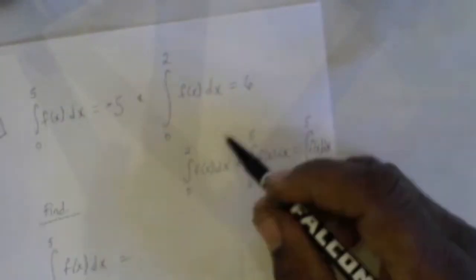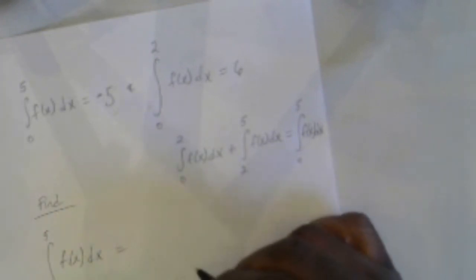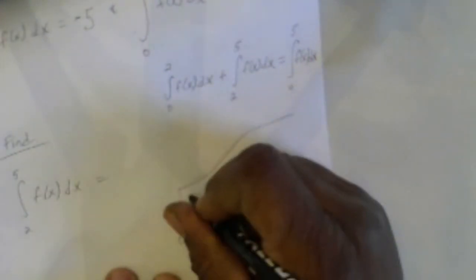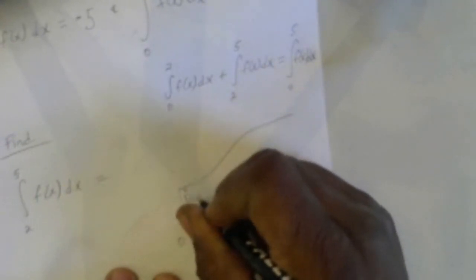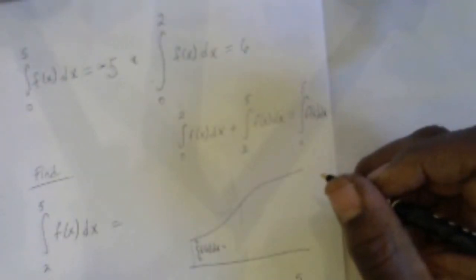Based on that additivity rule that we just saw, I'm going to try to sketch this out. Let's say here we have a 0, a 2, and a 5. So from 0 to 2, for f of x dx, we have 6.